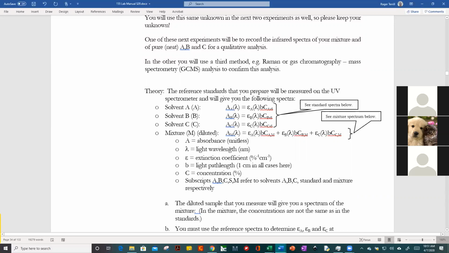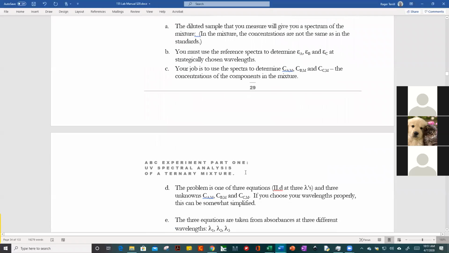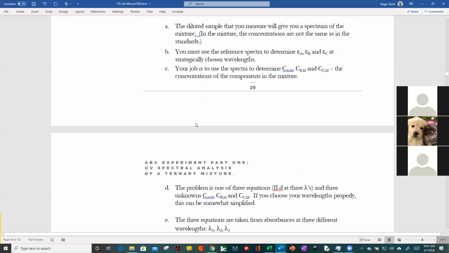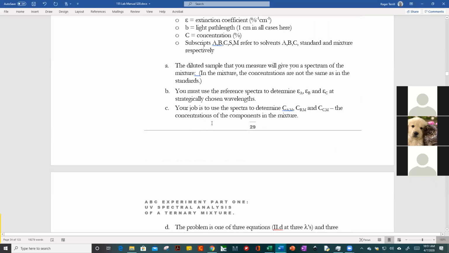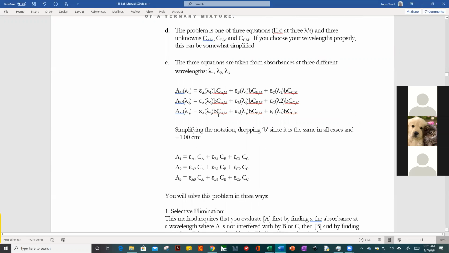So when you have the mixture in the standard spectrum, there's a few ways to proceed. And probably the one that'll make most sense to you is 3 equations and 3 unknowns.